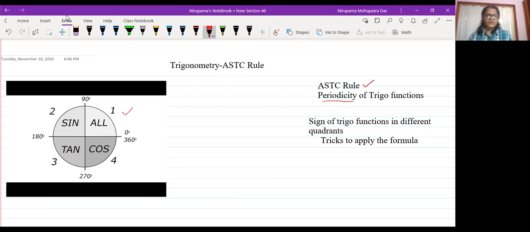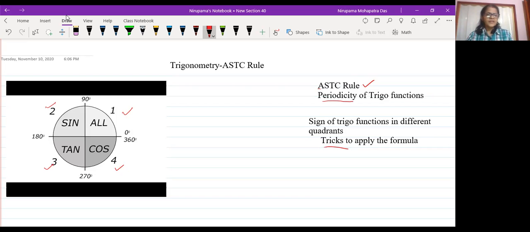Starting from here, you see first quadrant, second quadrant, third quadrant, and fourth quadrant. So, sign of trigo functions in various quadrants, and also tricks to apply the formula. The trick, of course, I will be telling you in the last, because I have to explain the logic first. So let's begin with the ASTC rule.